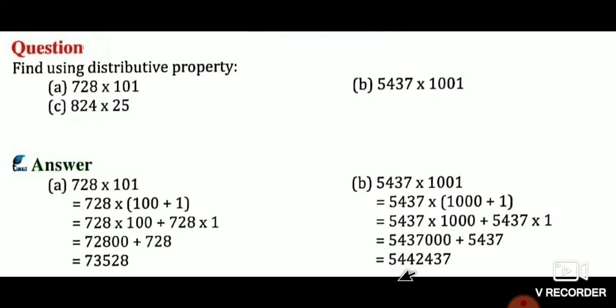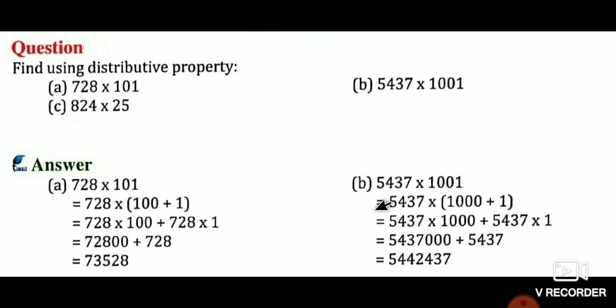That is 54,42,437. 54,42,437 is the required solution.